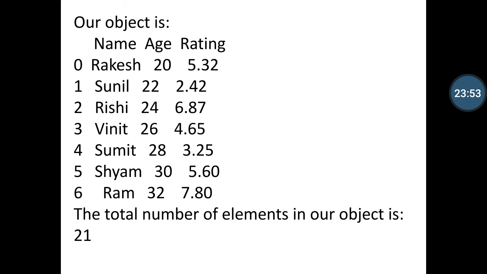You can notice the indexes 0 to 6, 6 names, 6 ages and 6 ratings, and the total number of elements in our object is 21, and the index is also counted here.